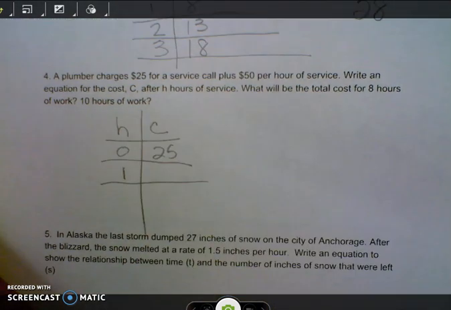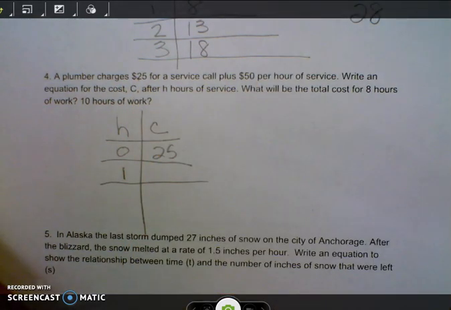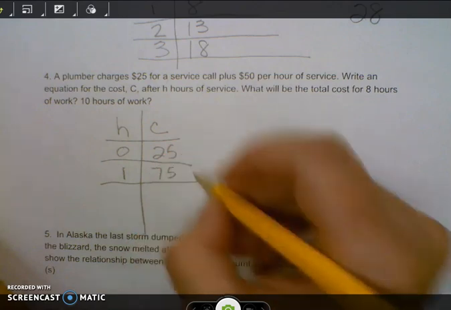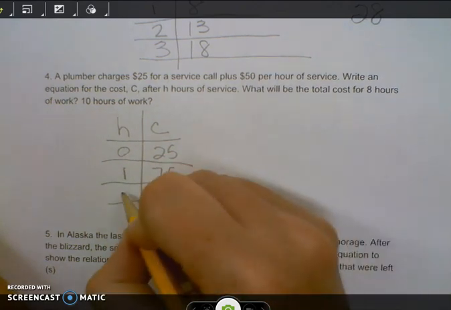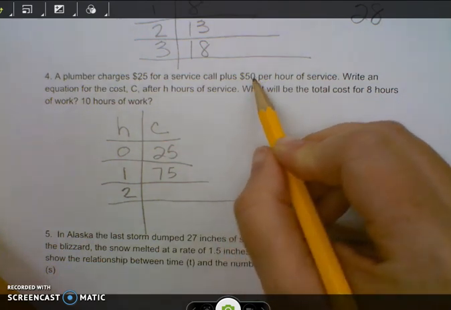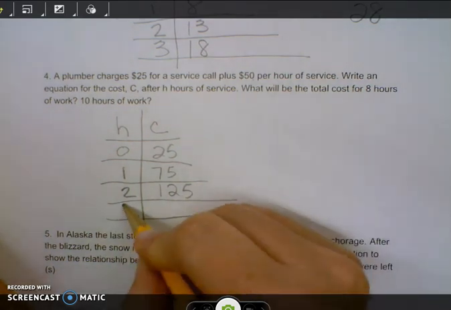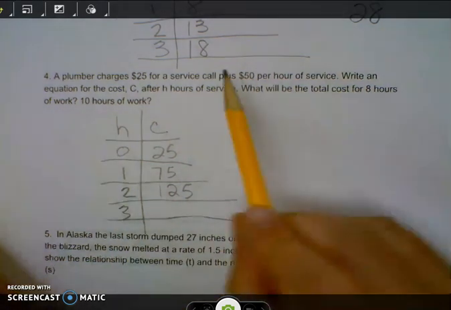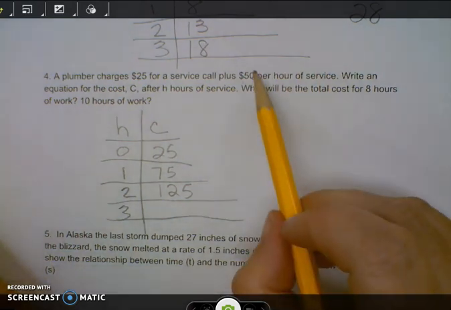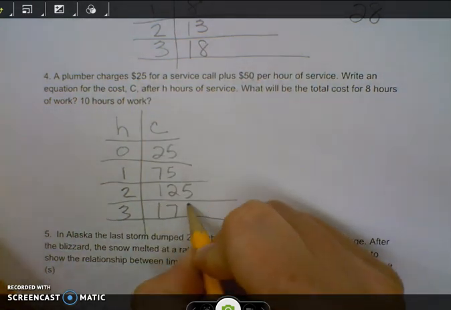If he works for 1 hour, he's going to charge you $50 plus the service call, so 50 plus 25 is 75. If he works for 2 hours, he's going to charge you $125, which is 100, and then 100 plus 25. If he works for 3 hours, he's going to charge you $175, or 150 plus 25.